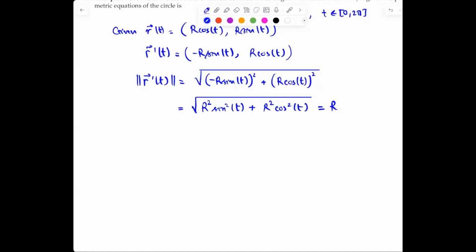So you have the tangent vector and its magnitude, so now you can find the unit tangent vector. The unit tangent vector, capital T of t, is equal to r prime of t divided by the magnitude of r prime of t.